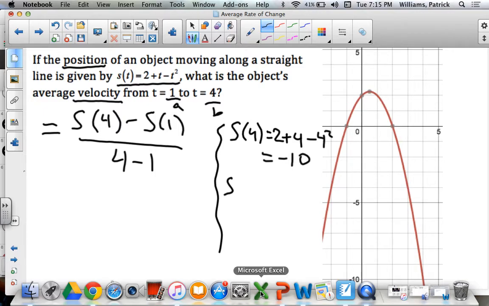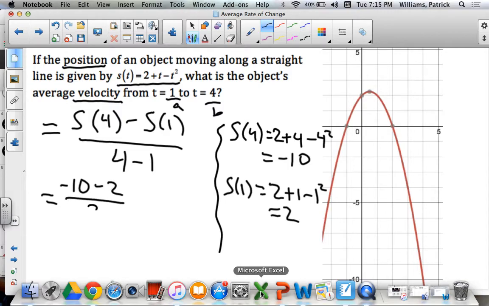And if we evaluate S of 1, that'll be 2 plus 1 minus 1 squared, which is just equal to 2. So if we plug all these in, we will get this is going to be equal to negative 10 minus 2 over 3, which will give us negative 4. Okay, that's going to be our average velocity to get from those 2 points.